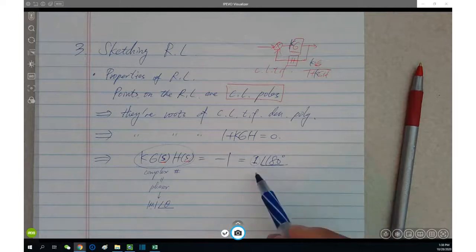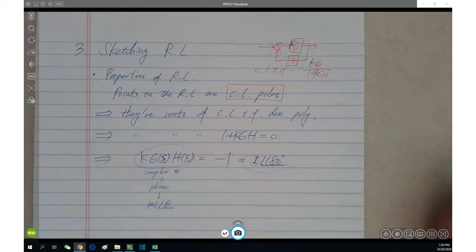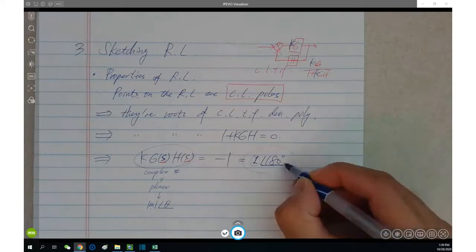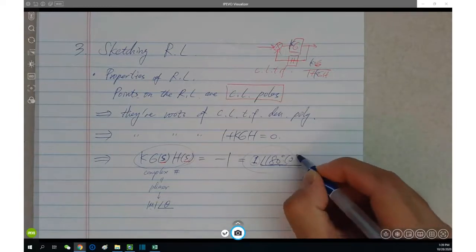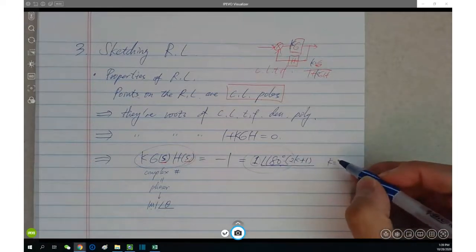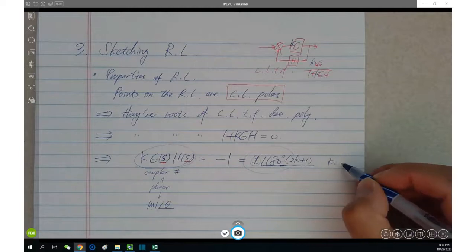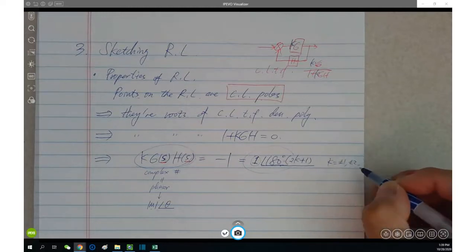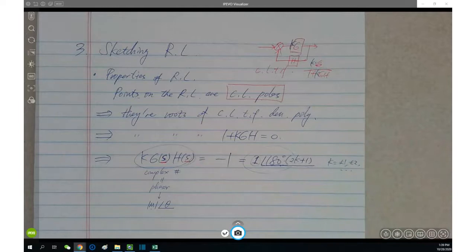How about this concept? Is this clear? Okay, -1 equals 1 angle of 180. Okay, absolutely right. And let's make it more generalized. How about this? Does it make sense? Because as I said, positive or negative 180 is okay.